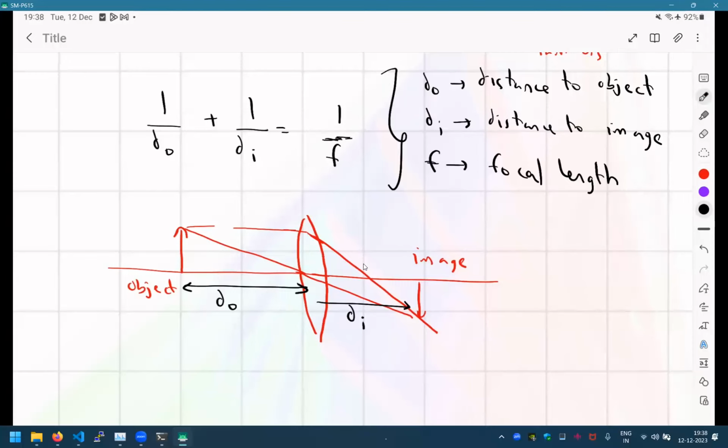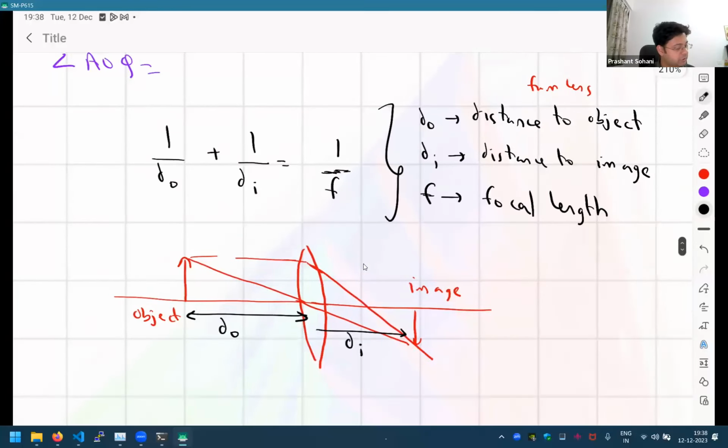Sir, this is the formula for mirrors, right? For lenses, it's 1 by V minus 1 by U. Okay, actually I think the same formula can be applied by just changing the sign. Maybe the version which you know is slightly different from the one which I know.